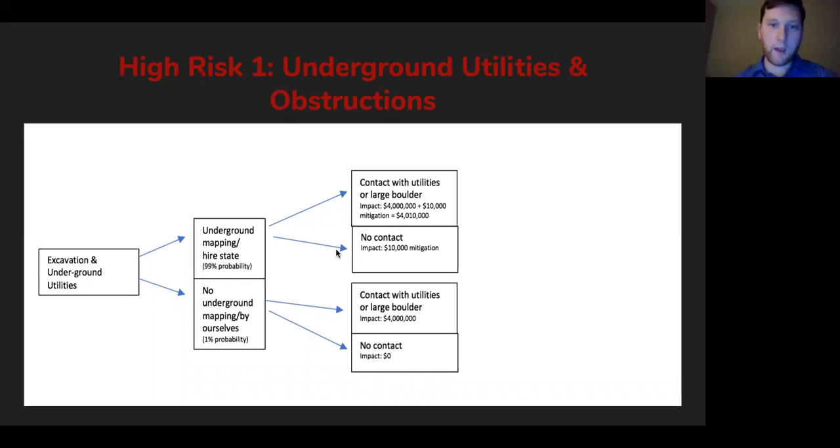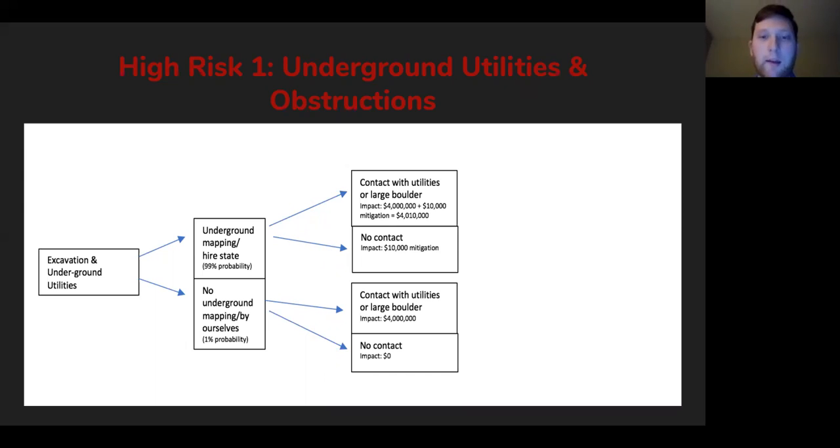So for our first high risk we looked at was underground utilities and obstructions. We must be clear where all existing underground utilities are, either gas lines, electric lines, anything like that, but also running into larger boulders that you could encounter while making our underground utilities.